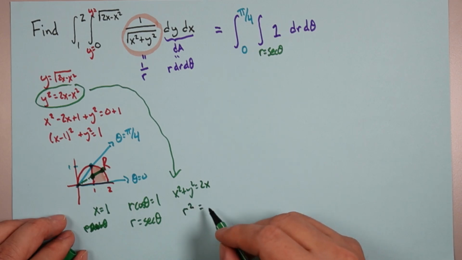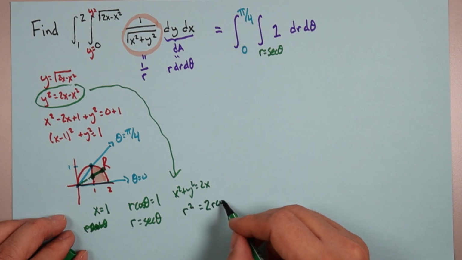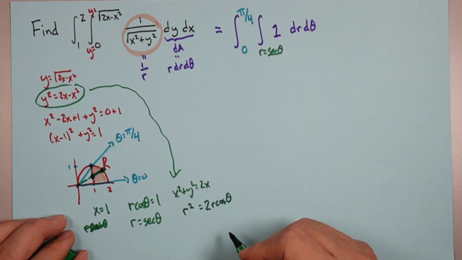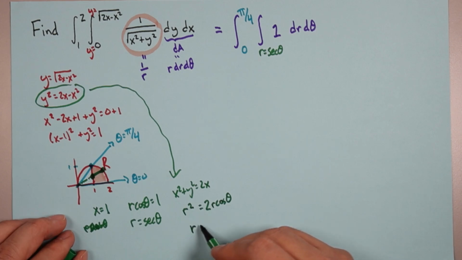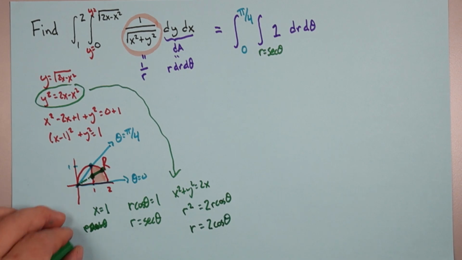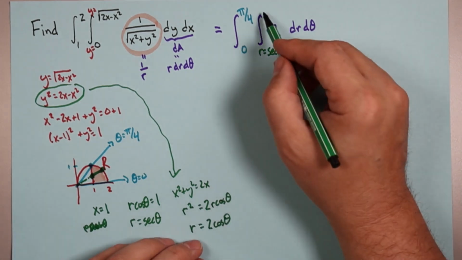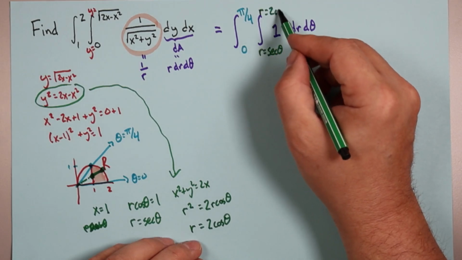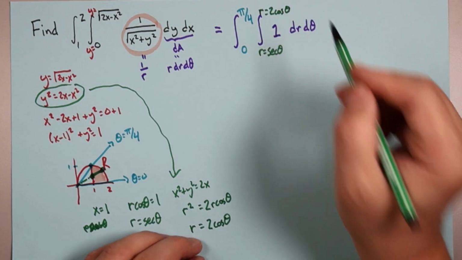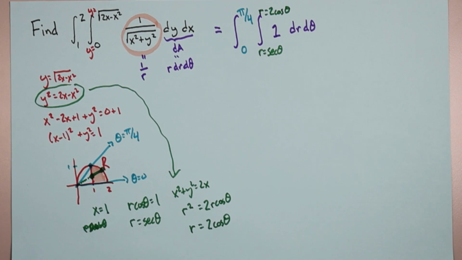What does 2x become? 2r cosine theta. Well, you can divide out by the r, and you get r as 2 cosine theta. So our outer layer is 2 cosine theta. So we're going from secant theta to 2 cosine theta, and that's describing our region.